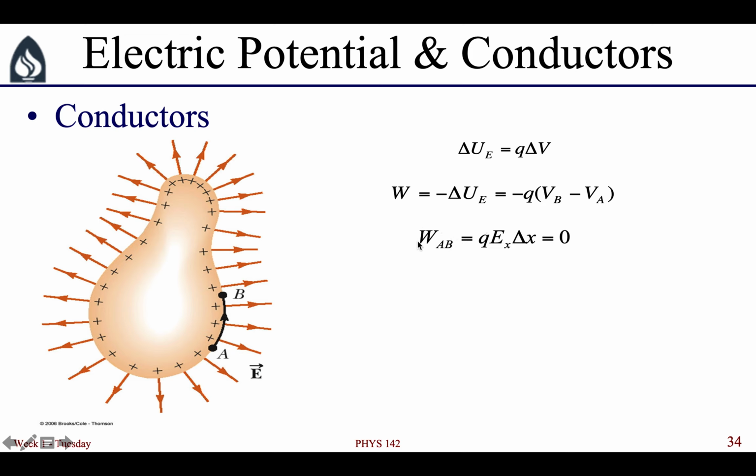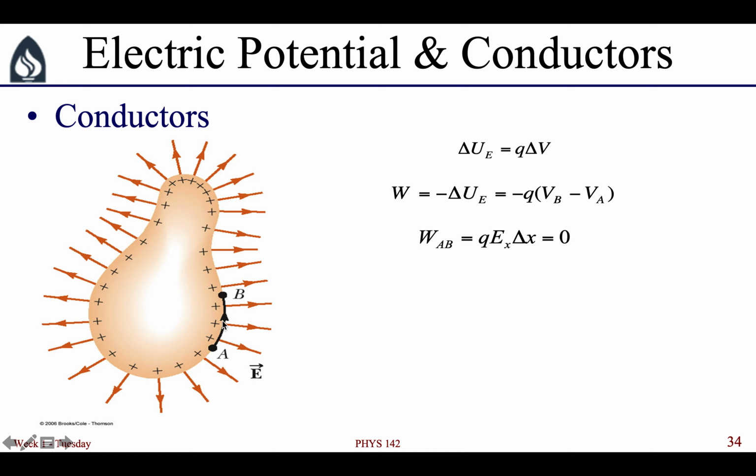We also know that the work done moving a charge from point A to point B is equal to the charge times the component of the electric field in the same direction as the displacement times the displacement. Now in this case, since we're moving the charge along the surface of our conductor, the electric field is perpendicular to that surface.